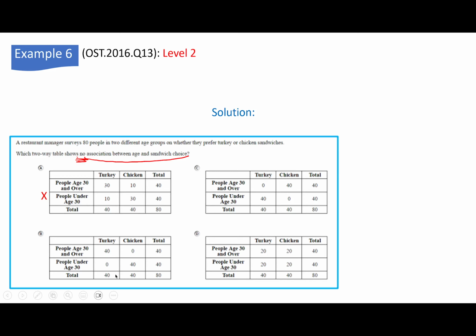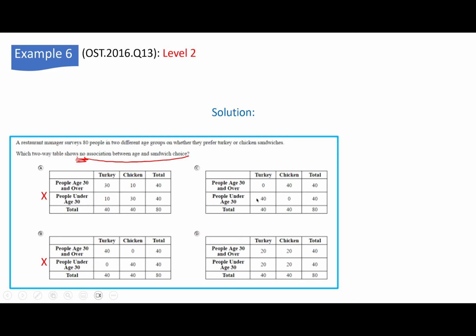Again, here, the same thing. People age 30 and over, 40 of them prefer turkey, and people under age 30, 40 of them. So again, there's a big association here between age and the choice of the sandwich. So that's also not a good answer.